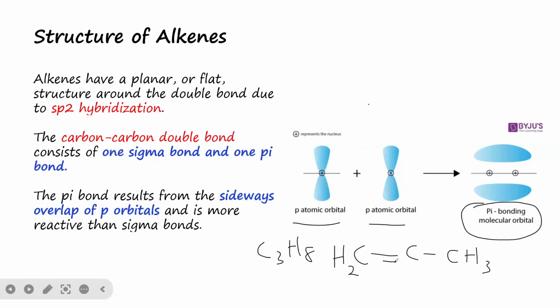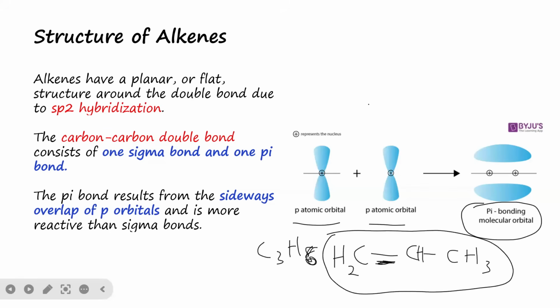So if you now ask, what is the number of sigma bonds in this structure here? Okay, here there is one hydrogen atom, and this one is going to be C3H6, and this is propene.